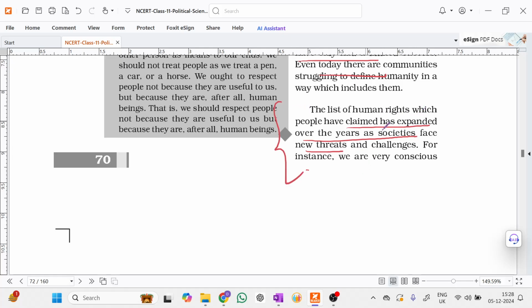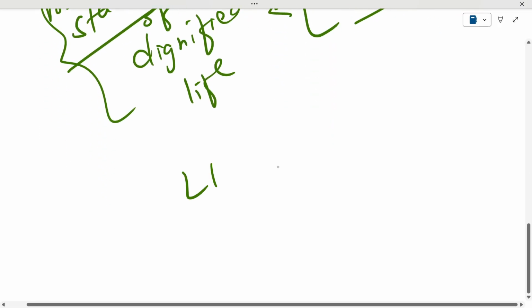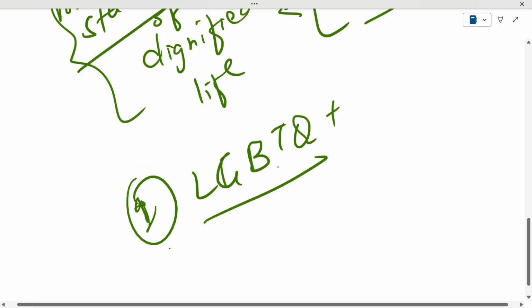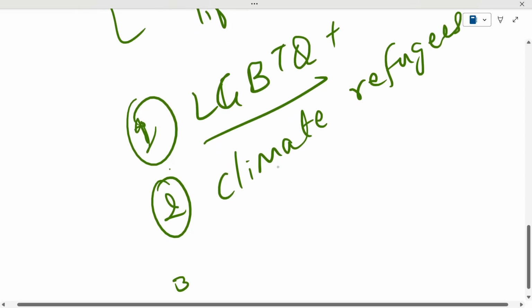Now the list of human rights people have claimed has expanded over the years as society faced newer threats and challenges. Right now, the first is the demands of the LGBTQ community. The second is the demand of climate refugees. The third is about persecuted people.